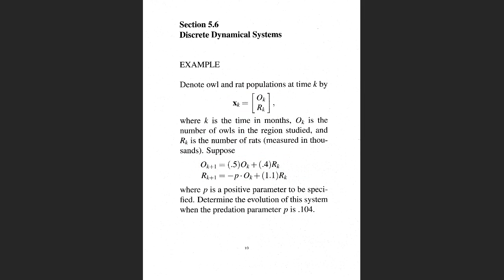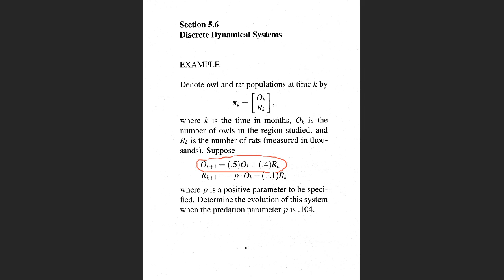So let's look at the first equation here. The first equation says that the number of owls in the k plus first month equals 0.5 times the number of owls in the kth month plus 0.4 times the number of rats in the kth month.